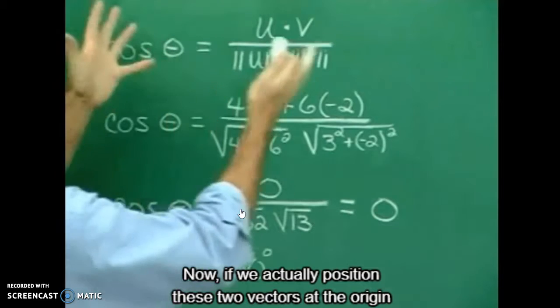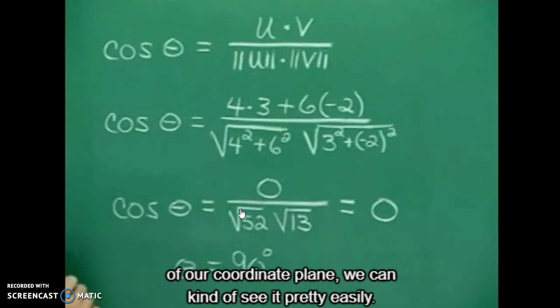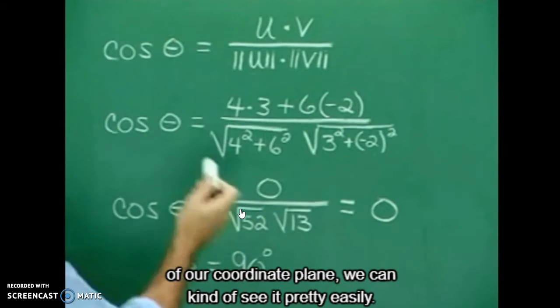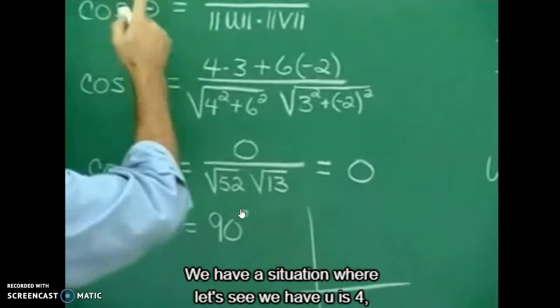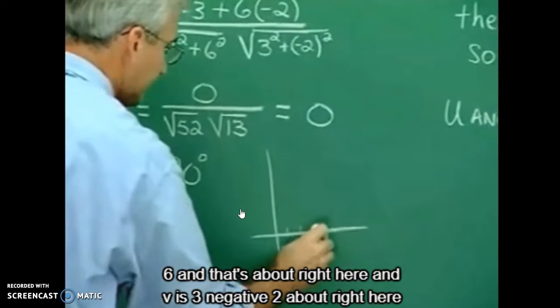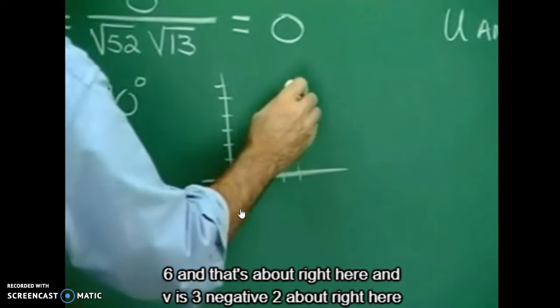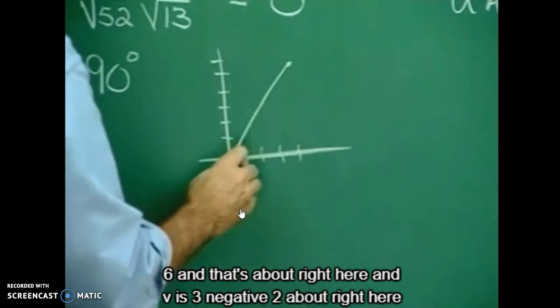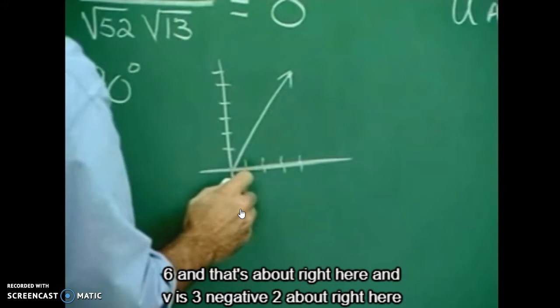Now, if we actually position these two vectors at the origin of our coordinate plane, we can see it pretty easily. We have a situation where u is 4, 6. That's about right here. And v is 3, negative 2.